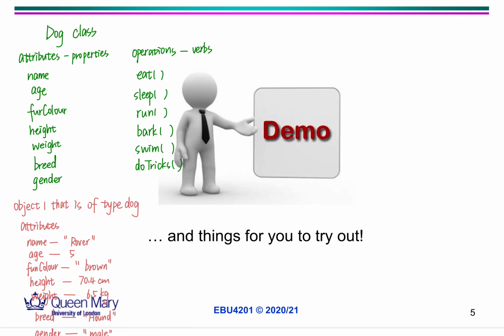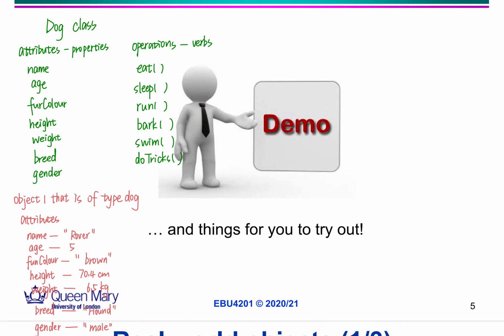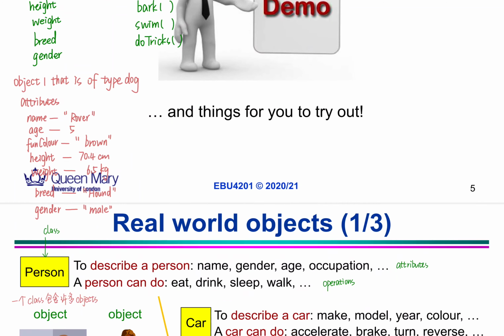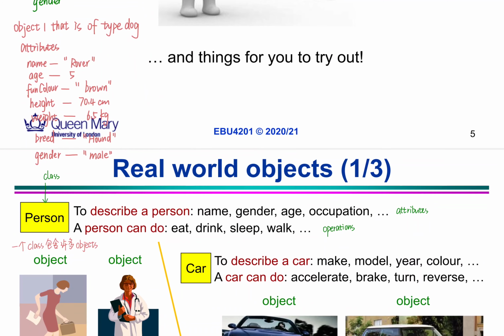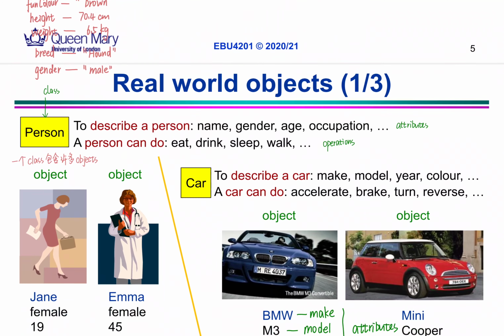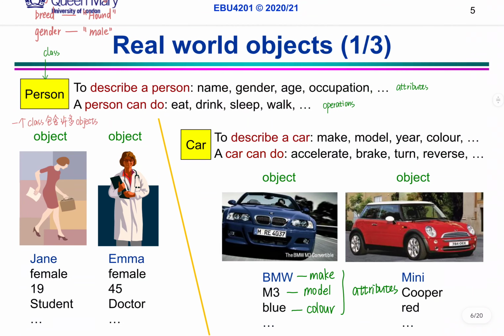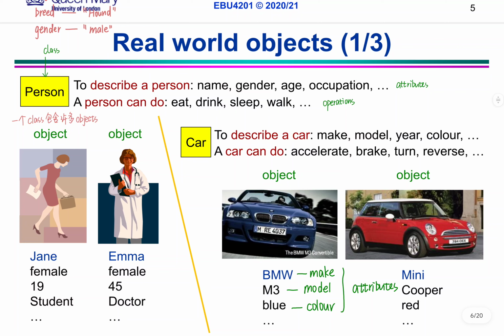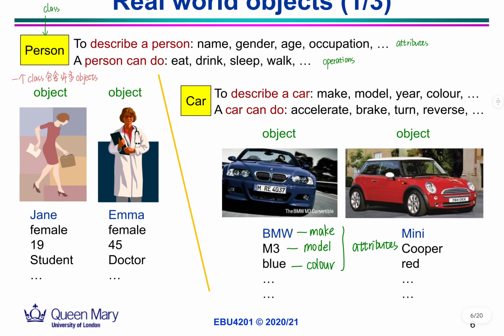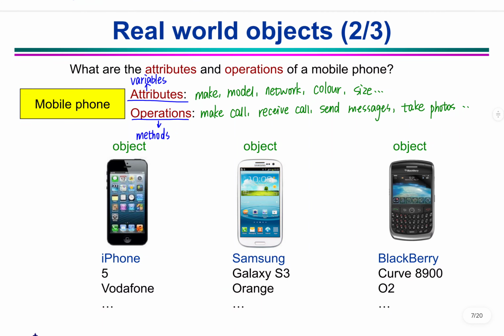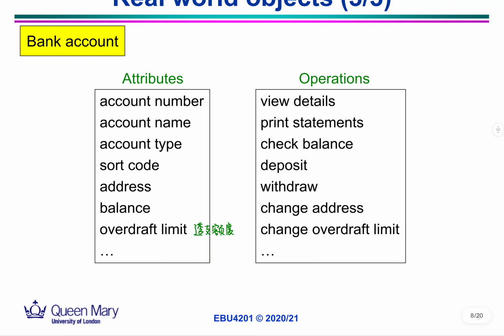There are several attributes and methods that we try to use. In the real world, an object can describe functions, for example a car, a person, or a mobile phone, with fields and operations.